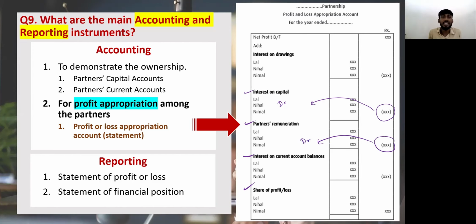Then for sure it needs to be credited to the current account. Okay, here the minuses are debit to the profit or loss appropriation account. Then those are credited to the current account.